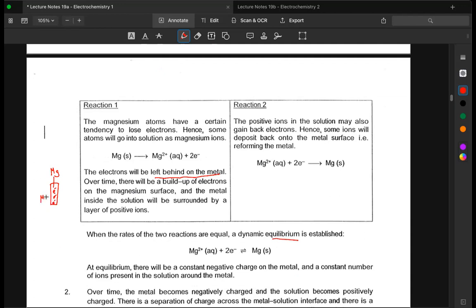Then surrounding the rod, you will have magnesium 2+ ions around it. At the same time, the positive ions in the solution will also get reduced back to form magnesium. So some ions will actually be deposited back in this reduction reaction. So this is reduction, while this is oxidation.